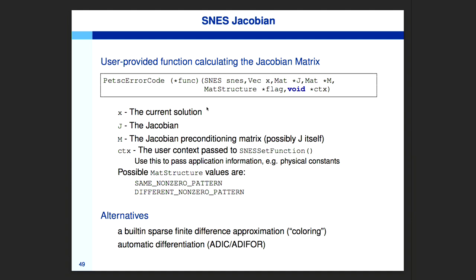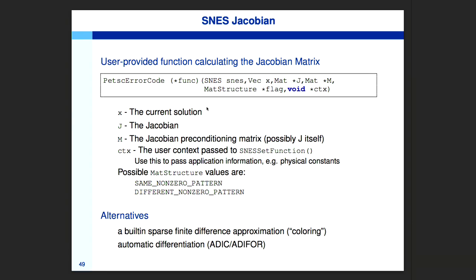It's not required to use a separate matrix, but some applications choose to do that. And here you also can indicate whether the non-zero sparsity pattern of the Jacobian matrix will stay the same throughout multiple nonlinear iterations, or will be changing, because we can get better performance if we exploit things that remain the same throughout multiple iterations.